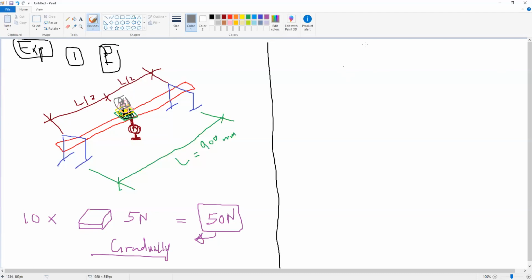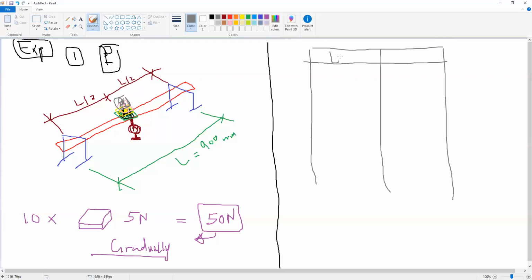And if you want to record this, you can make a small table for the experimental work only. We have the load, and we have the deflection reading or the deflection measurement from the experimental work. Okay, so if the load is 0, there is no deflection. First step is adding the first 5 Newton and record the measurement. We can say 0.1 millimeter.